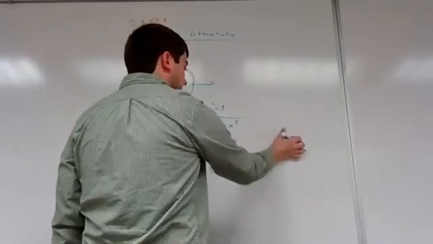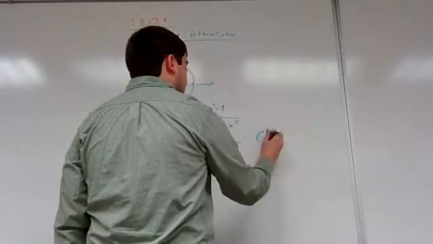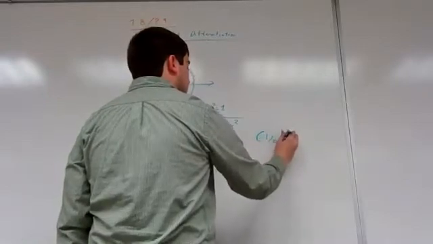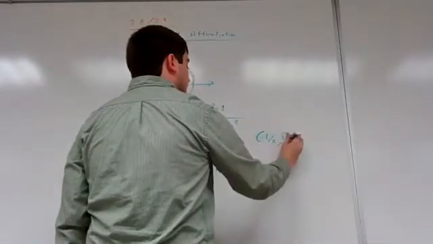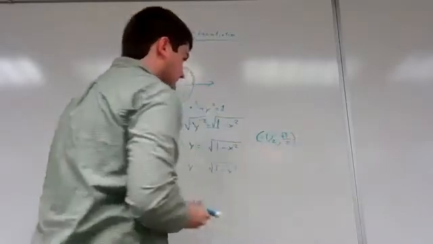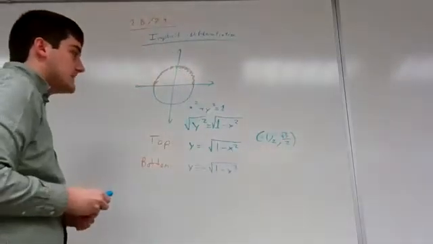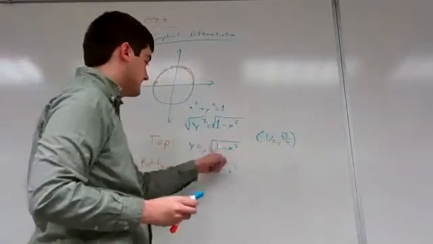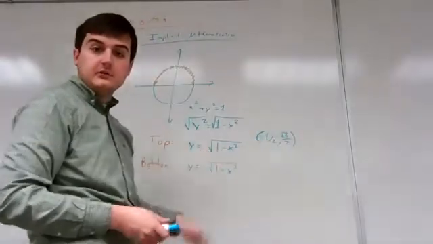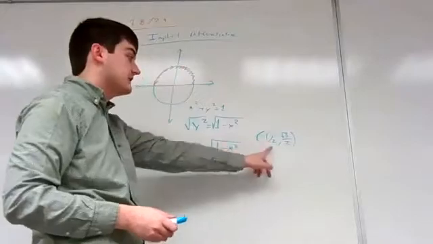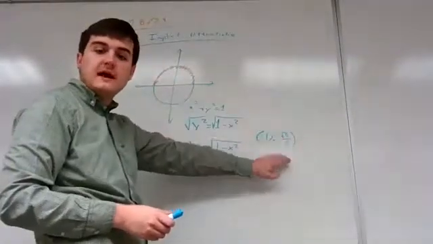so let's say I have the point 1/2 and the square root of 3/2. Well, this is on this half of the circle, so I would have to differentiate this equation in order to get the slope at this point.